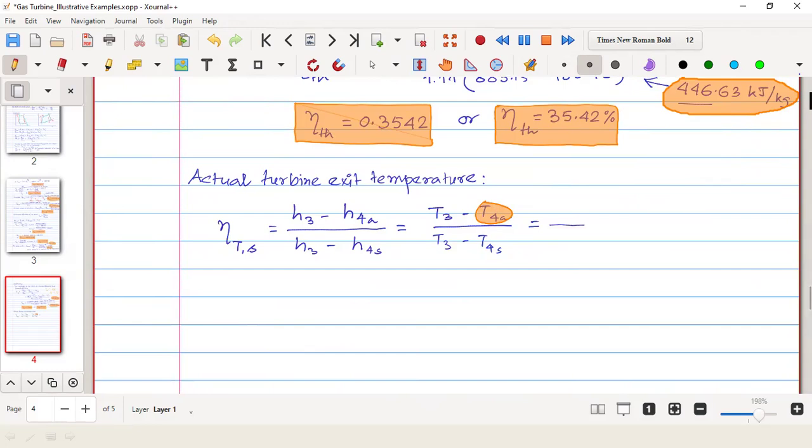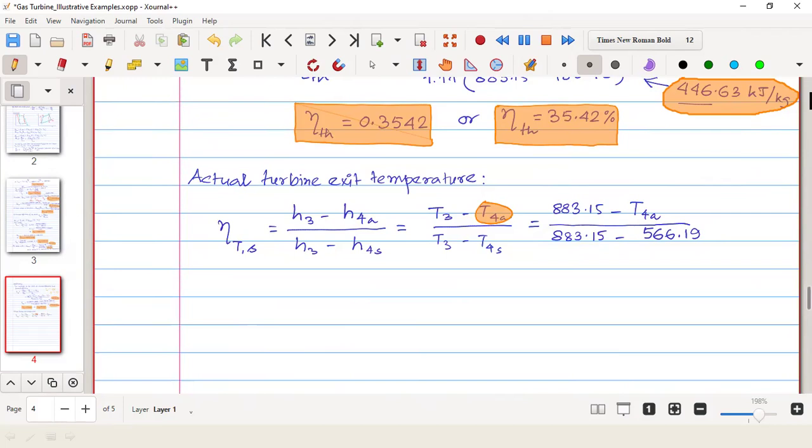So this is basically 0.82 equals 883.15 minus T4A divided by 883.15 minus 566.19. So here you can solve this.